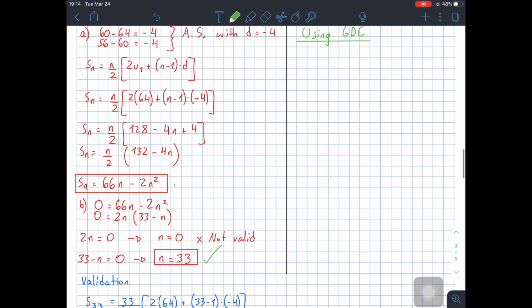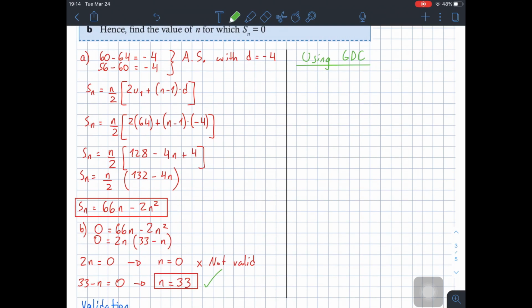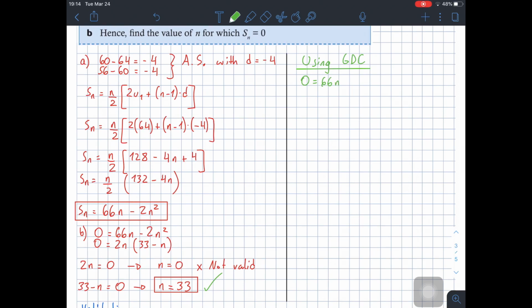If we want to solve this equation using our GDC, that is 0 equals 66n minus 2n squared, you see that this is a quadratic, right? So we can organize these terms and have 0 equals -2n squared plus 66n, and then plus 0, right? There is no independent term in this case.